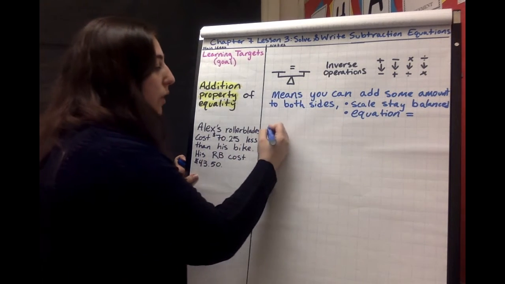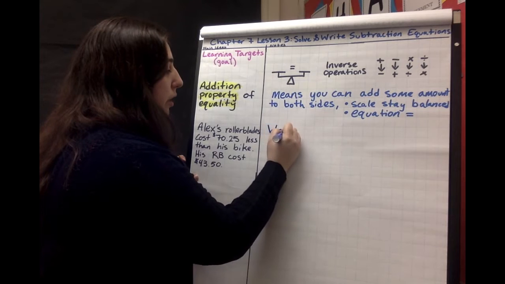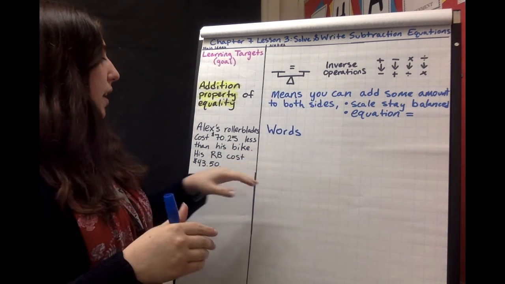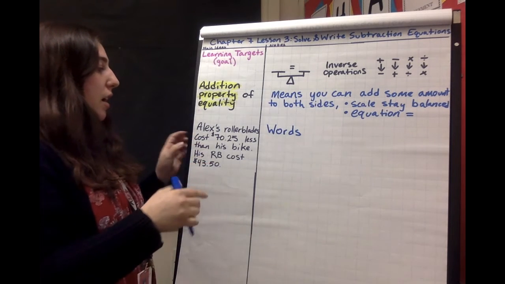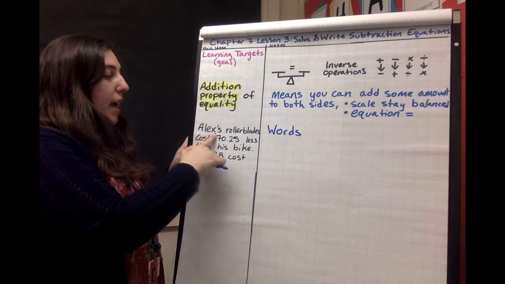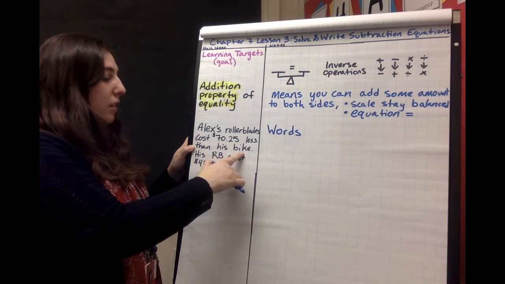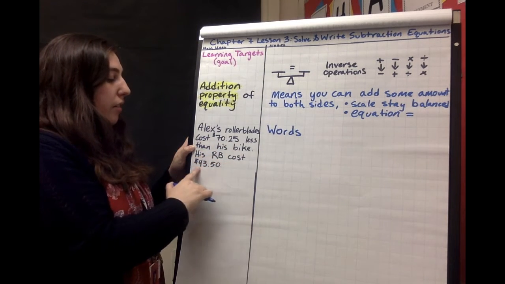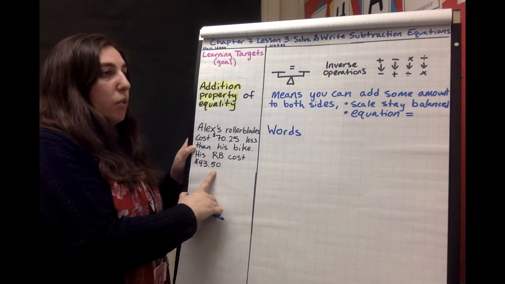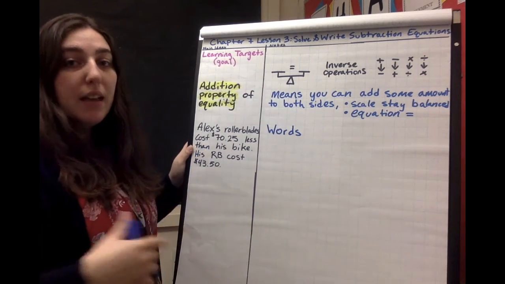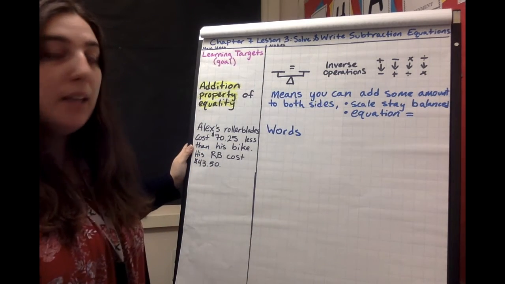So first we are going to look at the words. We are going to look at some key words, and the key words here, let's reread it. Alex's rollerblades cost $70.25 less than his bike. His rollerblades cost $43.50. So one key word I see there is less than. We learned in chapter 6 that less than means minus.